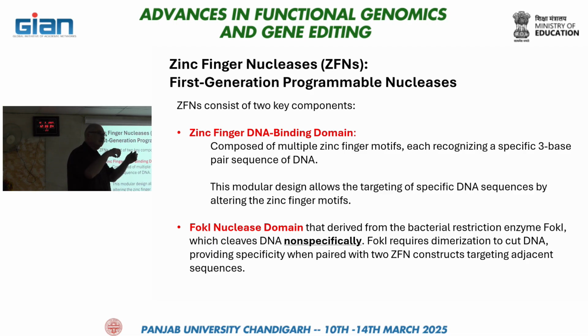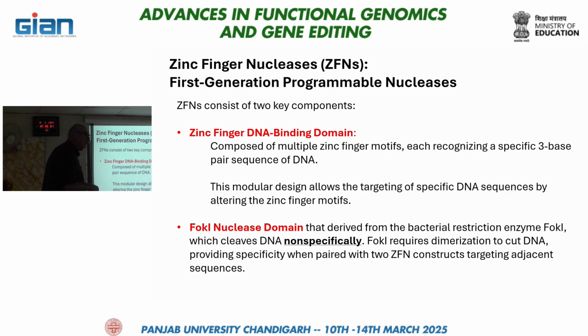If it's a 9 nucleotide long sequence, you will have 3 zinc fingers. If it's longer, you need more zinc fingers, specifically designed to bind to this sequence. You bind these zinc fingers together, 1, 2, 3, 4, 5, as you need, and this fragment will bind to DNA.